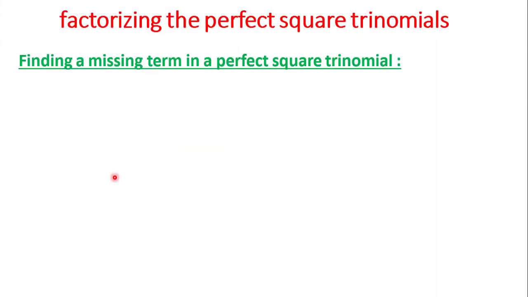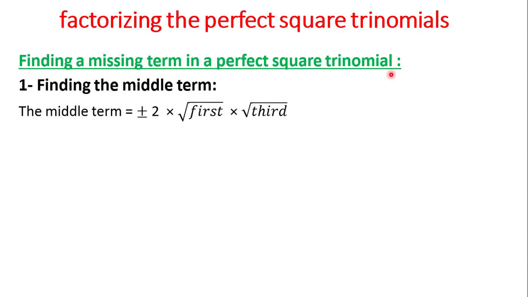Now, how can we find the missing part of a perfect square trinomial? If the missing part is the middle term, it will be positive or negative 2 times root the first term times root the third term.